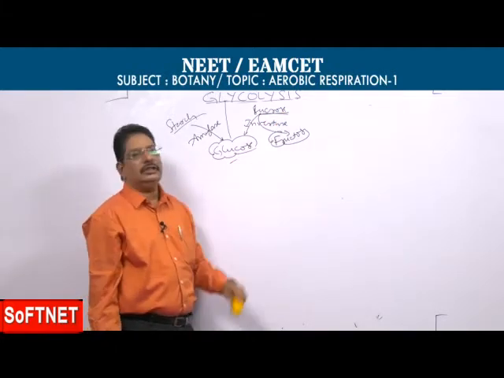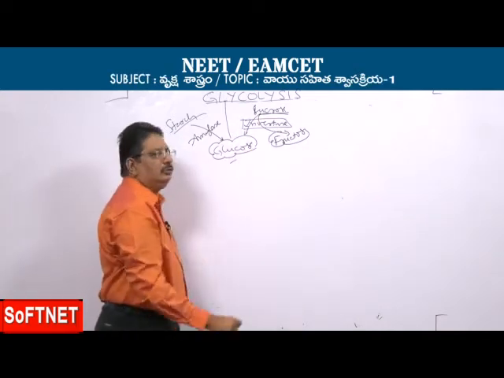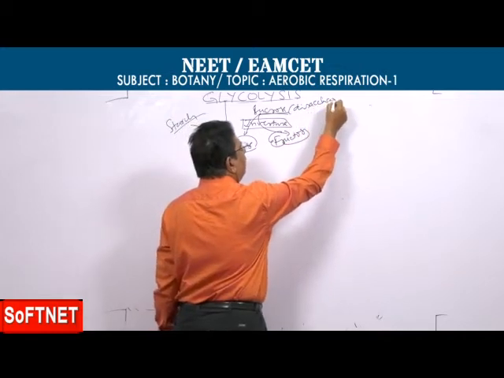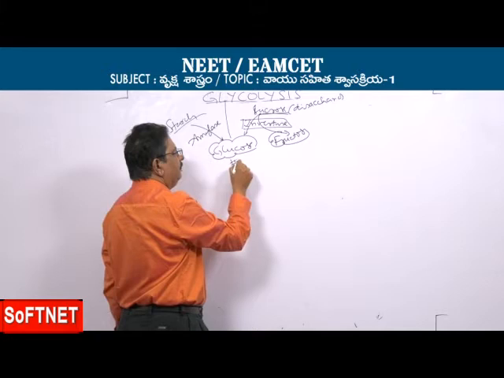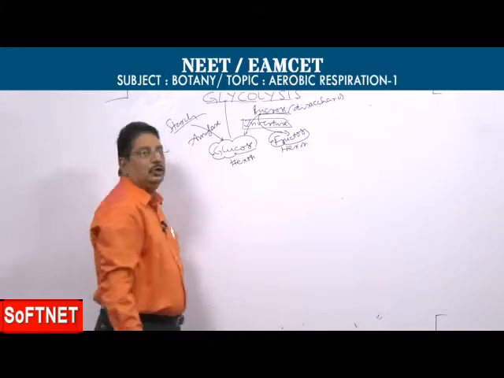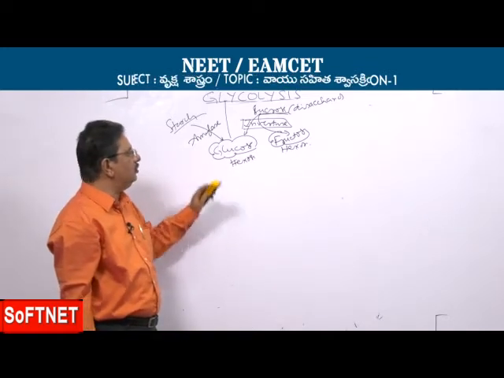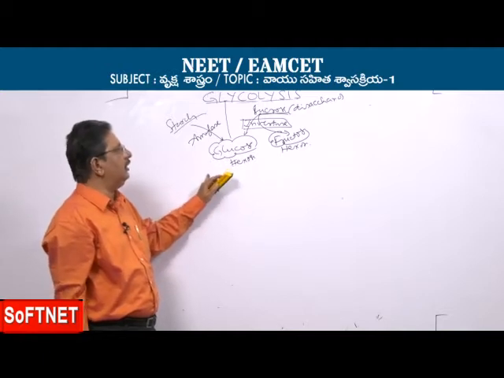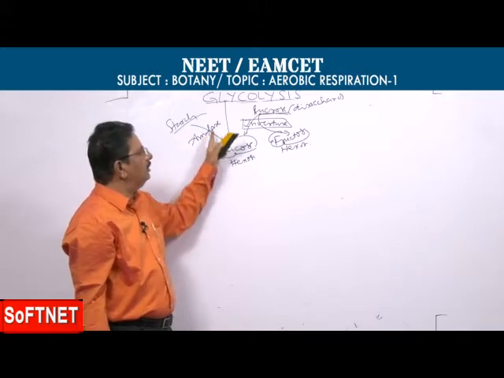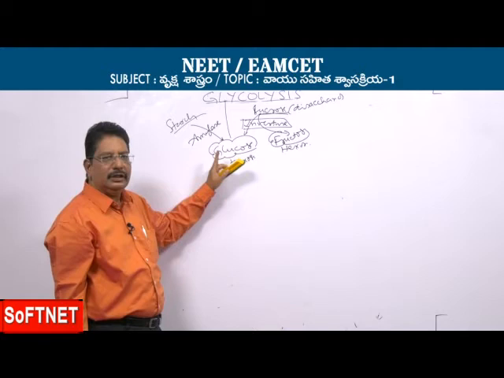So, invertase is an enzyme which acts upon sucrose, which is a disaccharide, and it converts it into two different types of hexoses. So, after that the respiration starts. So, glucose is an initial substrate for respiration. It comes either from starch or sucrose after some enzymatic reactions.